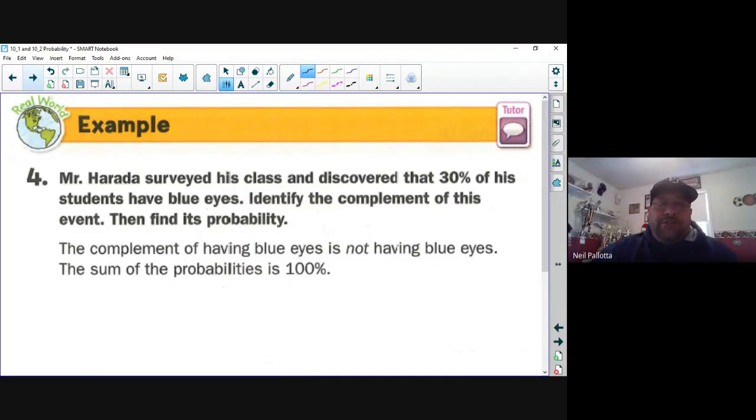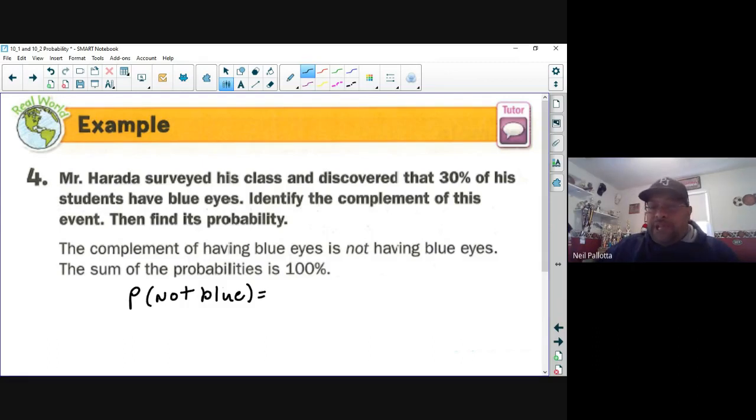Mr. Harada surveyed his class and discovered that 30% of his students have blue eyes. Identify the complement of this event, then find its probability. Well, the complement of having blue eyes is not having blue eyes. The sum of the probabilities is 100%. So the probability of not blue would be equal to, well, let's think for a second.